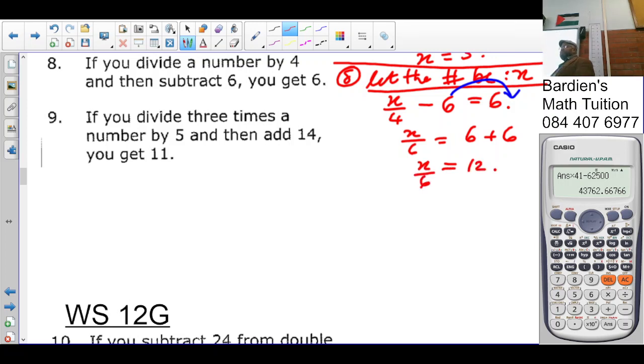So what do I do now? Multiply both sides by 4, that's going to cancel. Okay, that cancels. So x is equal to?